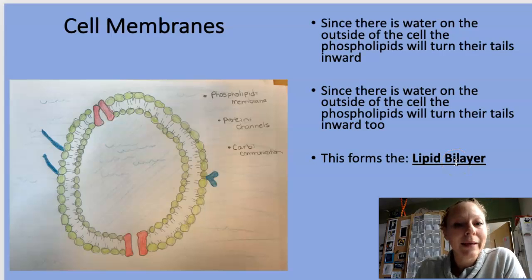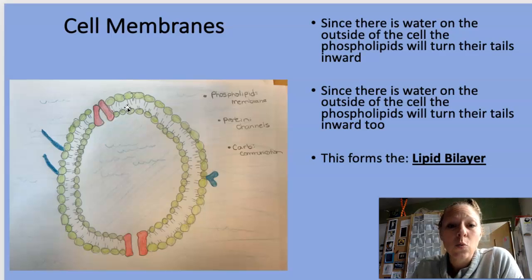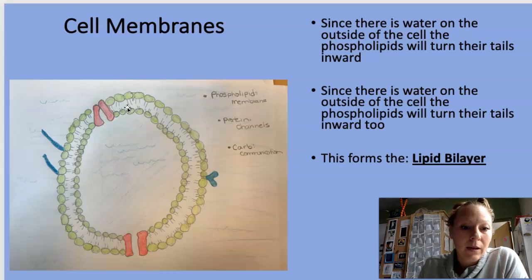So a lipid two-layer, so two layers of lipids. And so all cell membranes have two layers of lipids, or a lipid bilayer. And so you can see that this water-loving, water-fearing part of the molecule is very important because it gives them a directionality.